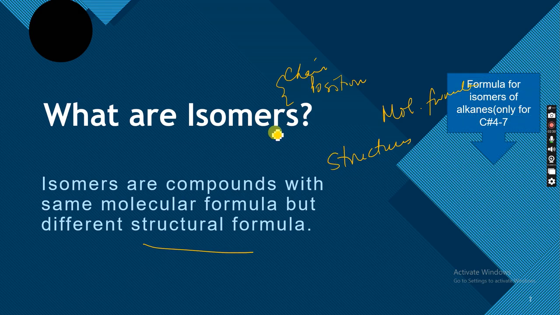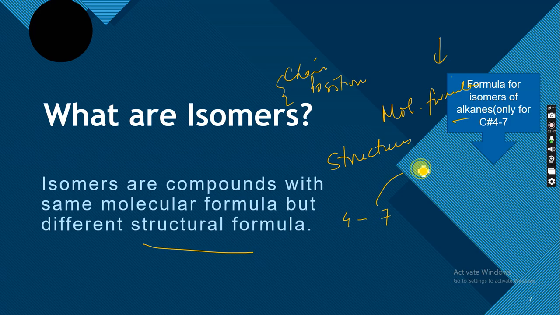Now if you have to know how many isomers there will be for various alkanes, there is a formula especially for alkanes, applicable for carbon numbers between 4 and 7.